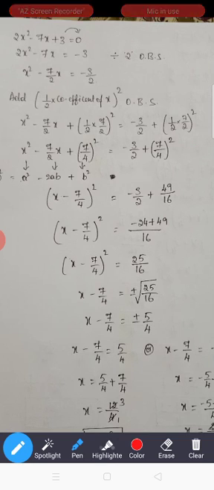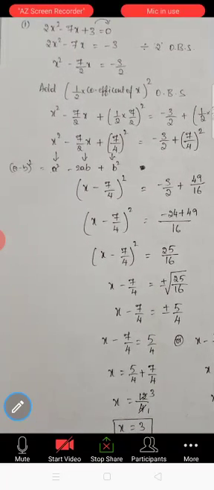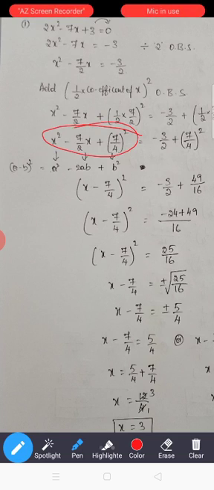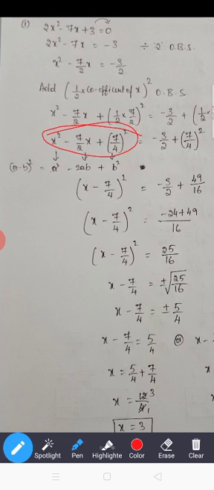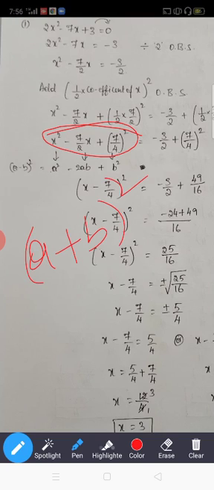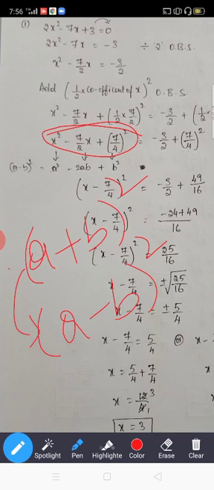Next, observe carefully another very important term. In all the questions you can check, this term, especially this term, will be in the form of either a plus b whole square or a minus b whole square. So how to identify whether it is a plus b or a minus b?